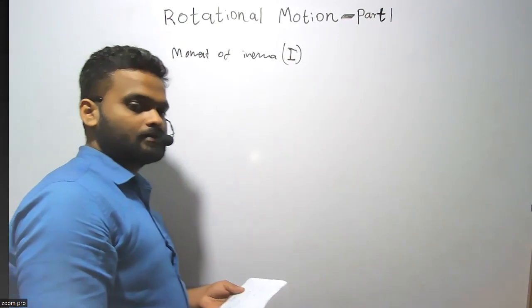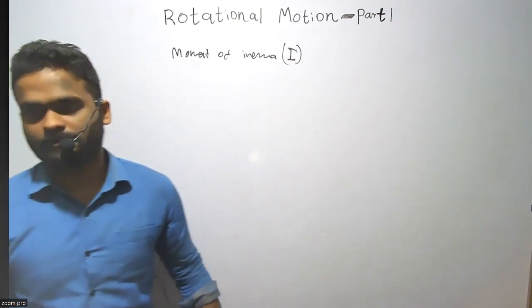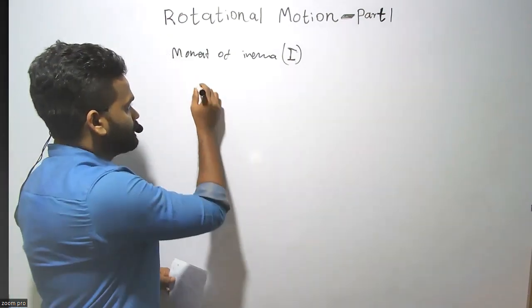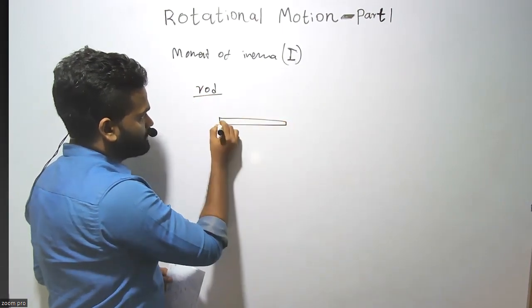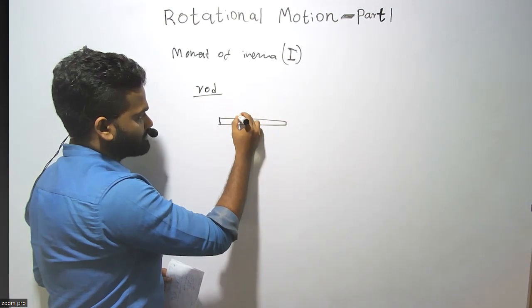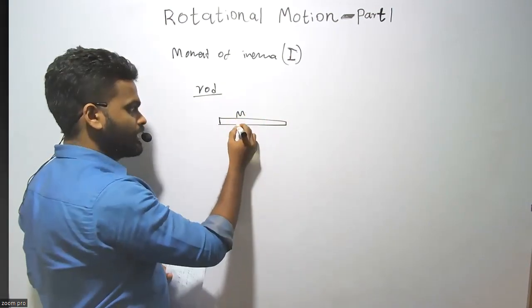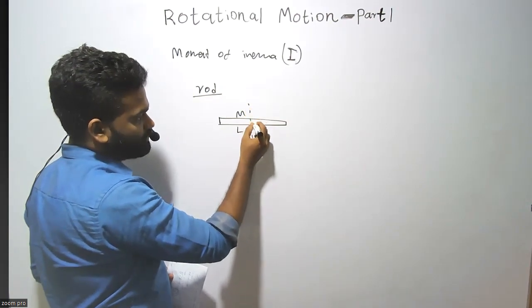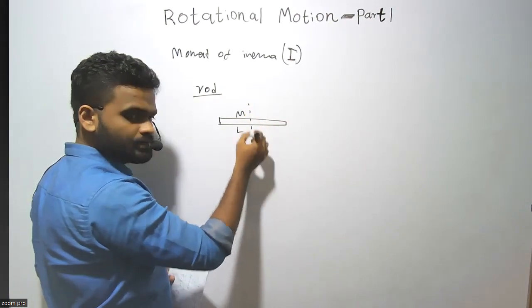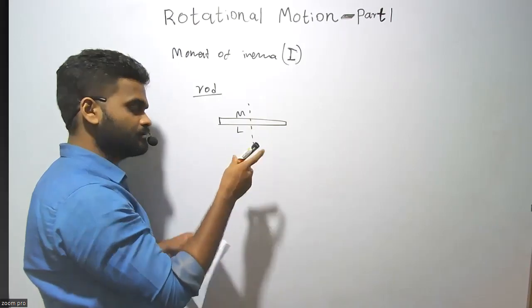Okay, there's one more object that is important. That is a rod. Let's say this rod has a mass capital M and a length capital L. And the rotational axis goes through the center.